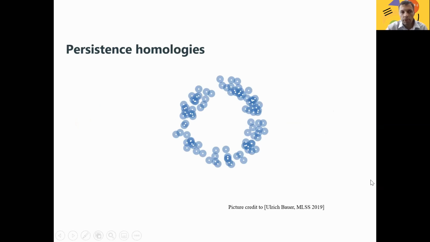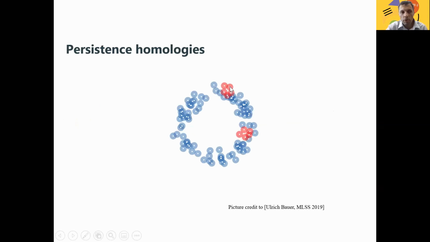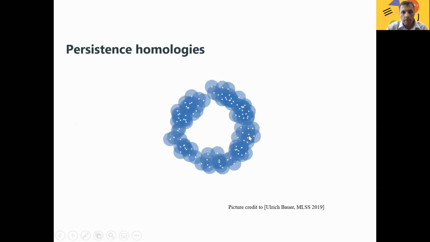So, for example, in this case, we have say 2 holes. But when we increase the radius of spheres, we get only 1 big hole, and these 2 small holes disappear. And so, in this way, we can characterize invariant properties of the manifold, which are persistent.